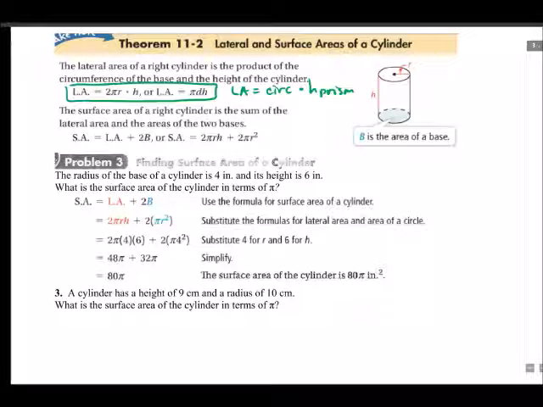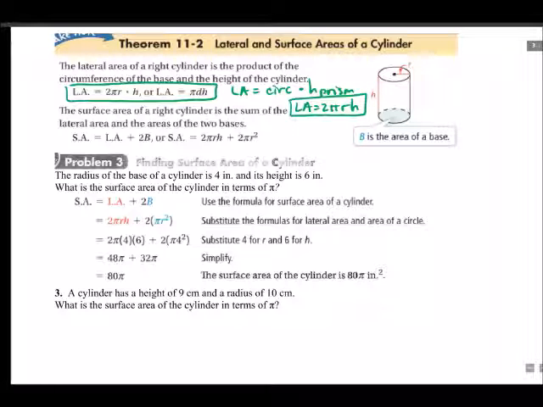And what is circumference? Circumference is 2 pi r, or pi d. I prefer to use 2 pi r, times h. So lateral area is 2 pi RH.